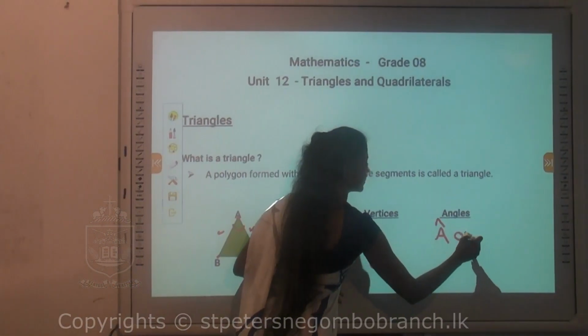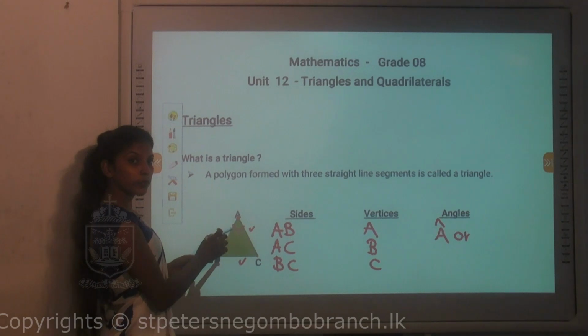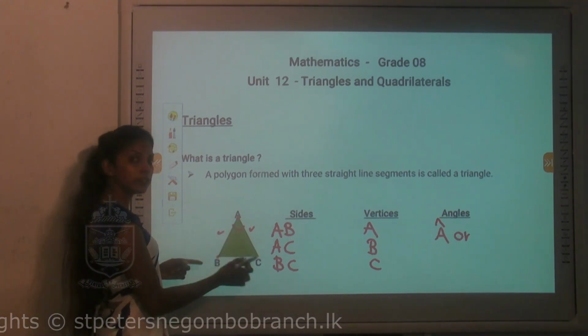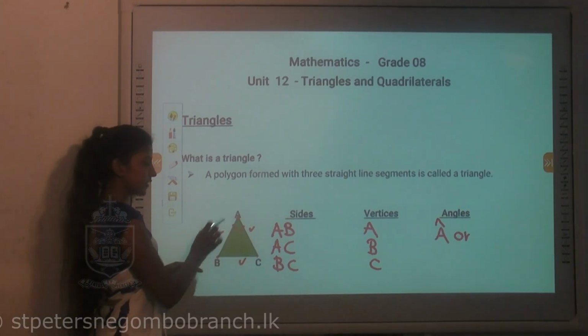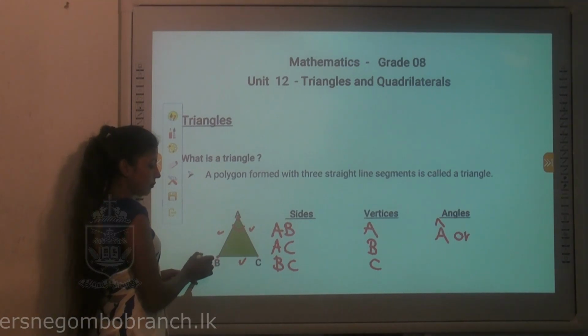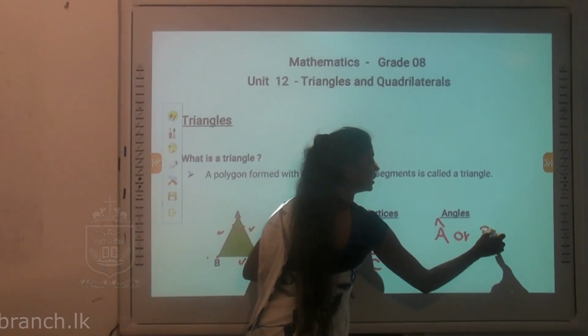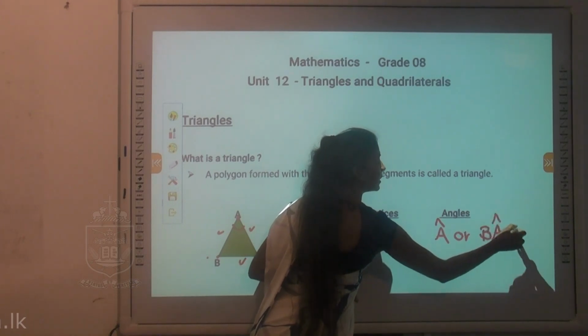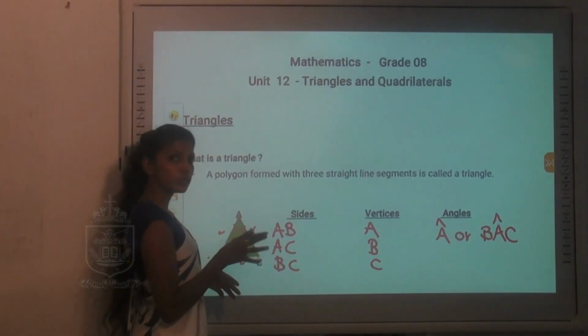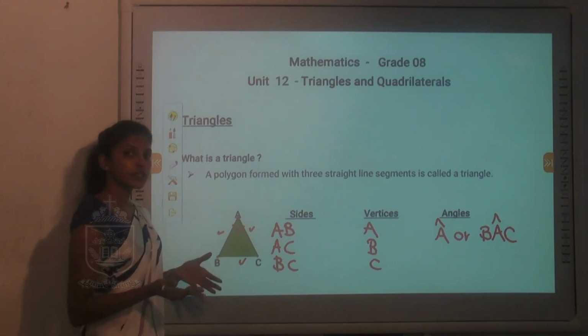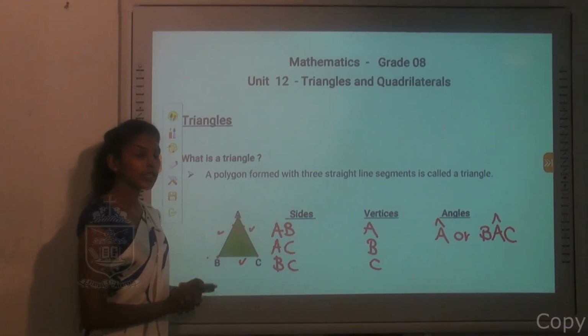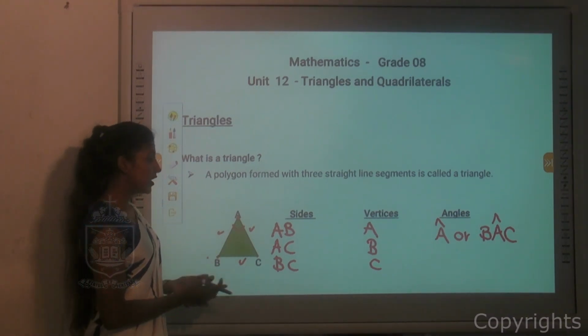This is the angle that we want to denote, and you start from any point other than A. That means I'm going to start from here, B, A, C angle like this, but A should come in the middle. The angle that you are going to denote should come in the middle, and the other two points can be on either side of the A angle, BAC angle.